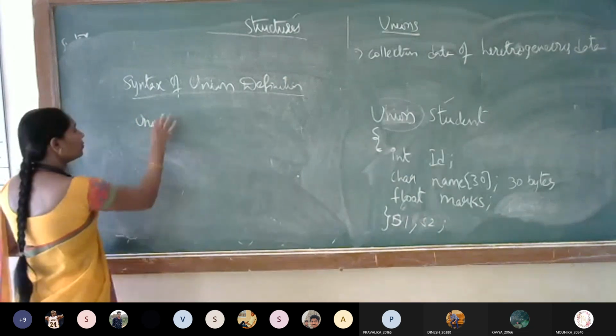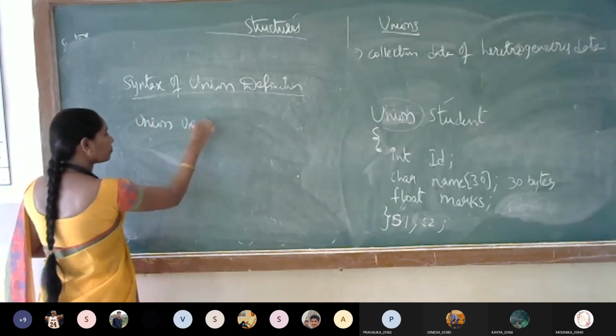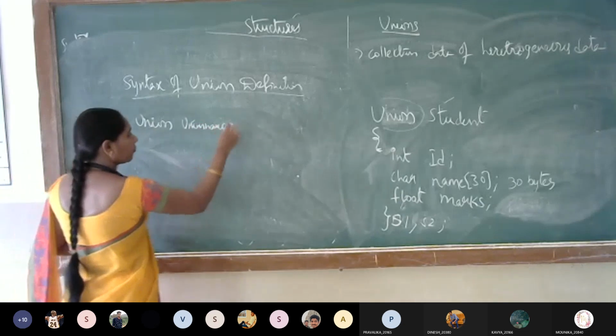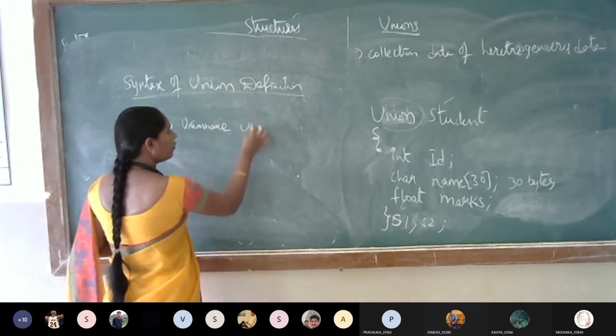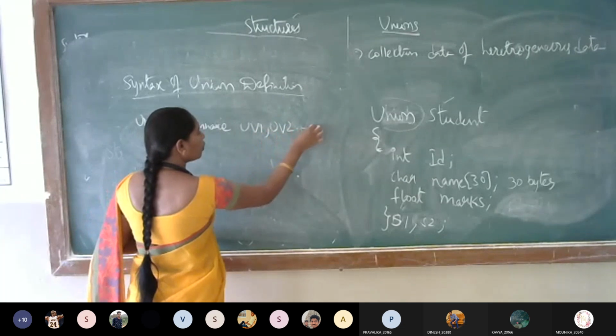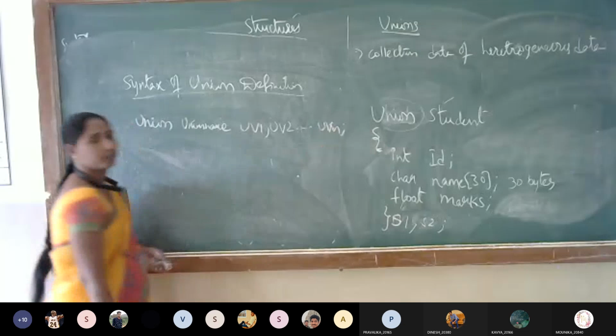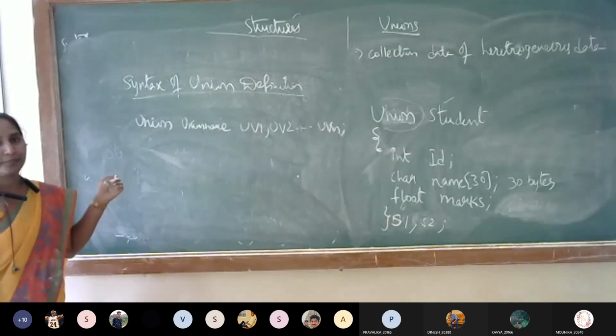Okay, union name, next union variable 1, comma, union variable 2, so on to union variable n, semicolon. This is the second method.